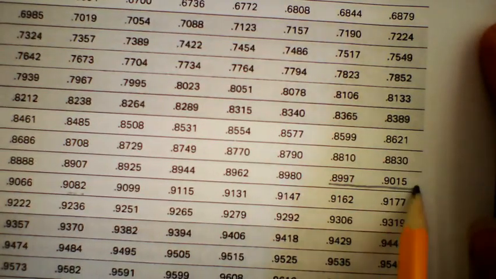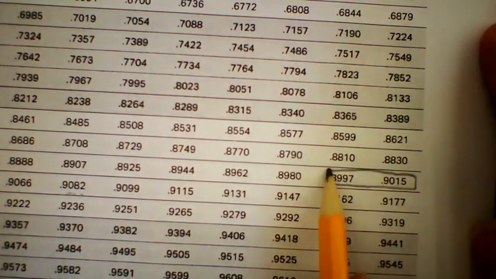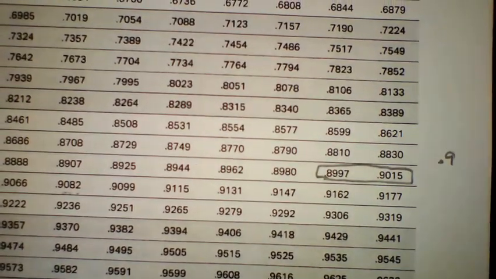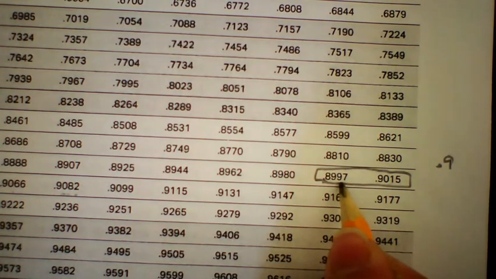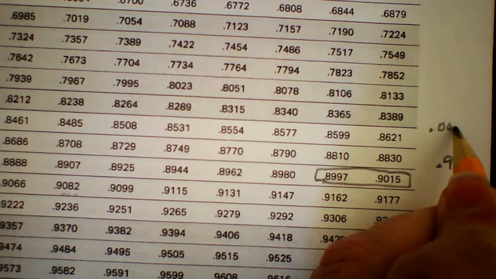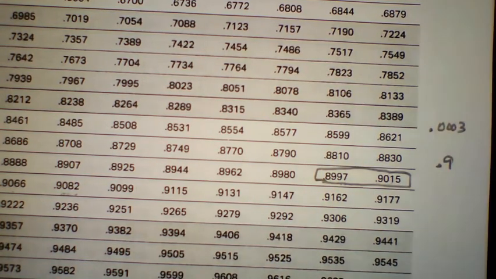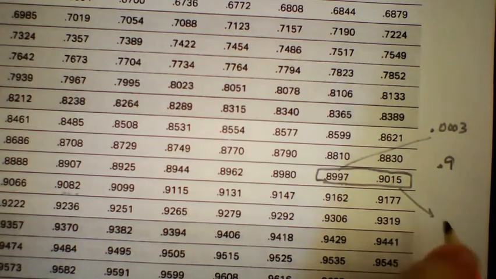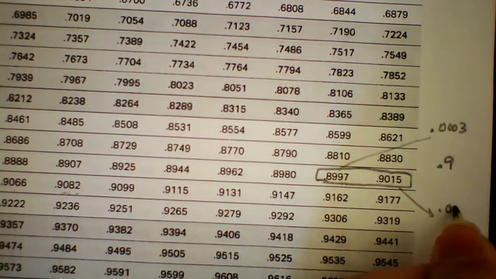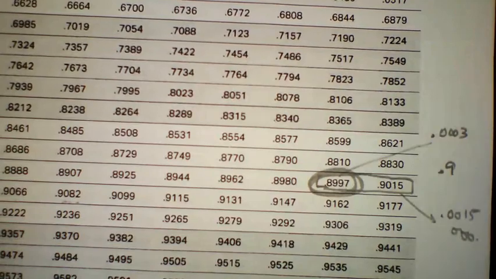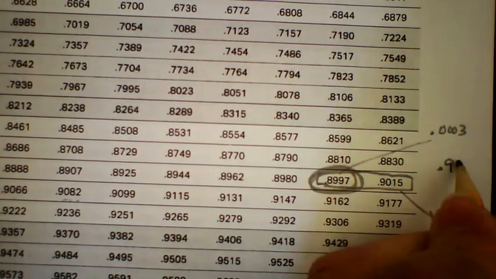These two numbers are the closest I see to 0.9. Which one is closer? This one here is 0.0003 off, and this one here is 0.0015 off. So this one is closest to 0.9000.